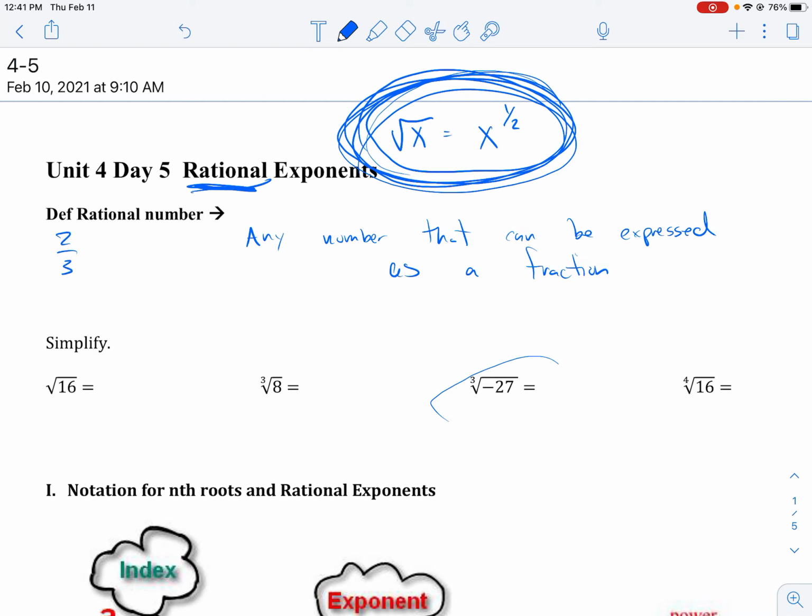So 2/3, rational. 2, slap a 1 under there, rational. 55 over 87, rational. Any number that can be represented as a fraction. Numbers like 0.333333 are still rational. What is that number? 1/3. So all these things still apply for rational numbers.